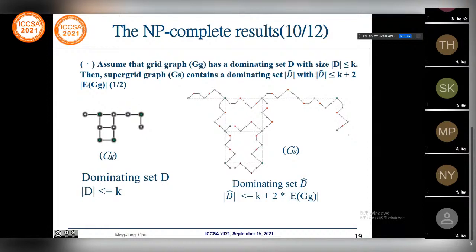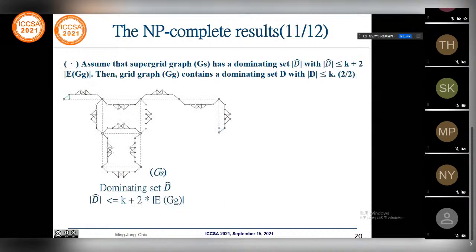Then we have another supergridded graph. Assume we have a supergridded graph, we can turn it into a gridded graph. A supergridded graph with the dominating set D hat, the size of D hat less than or equal to k plus 2 times the number of edges of the gridded graph.